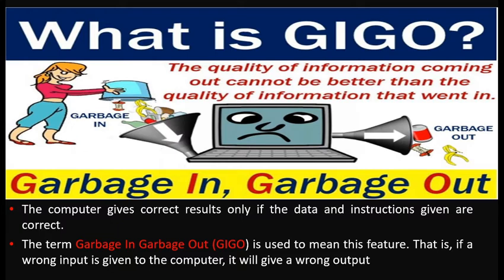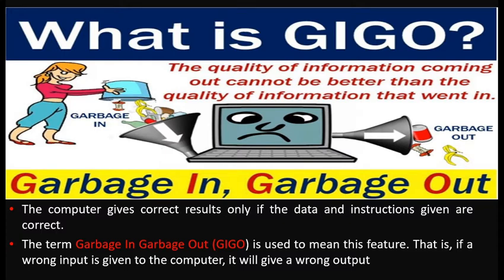Now, what was meant by GIGO? This is one of the important features of a computer. The quality of information coming out cannot be better than the quality of information that went in. That is garbage in, garbage out. If you give incorrect data to the computer for processing, computer never gives a correct answer.